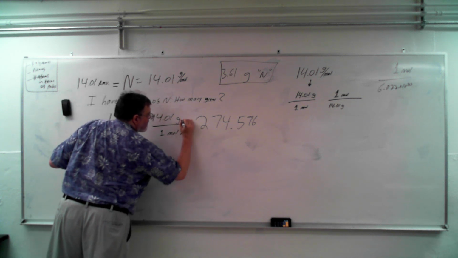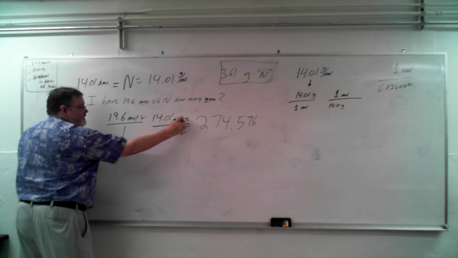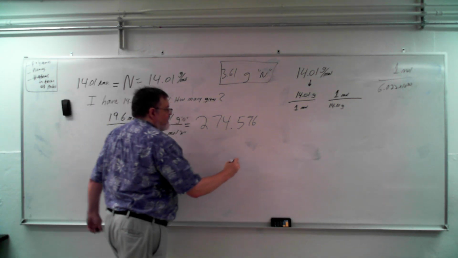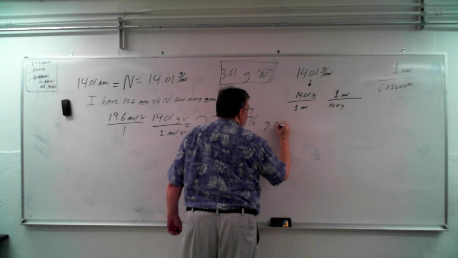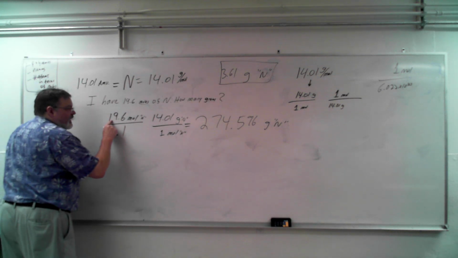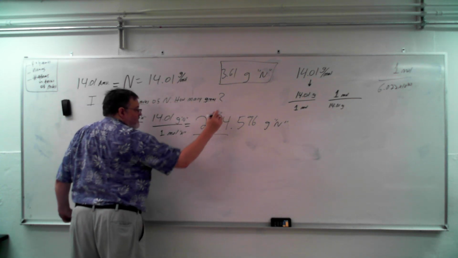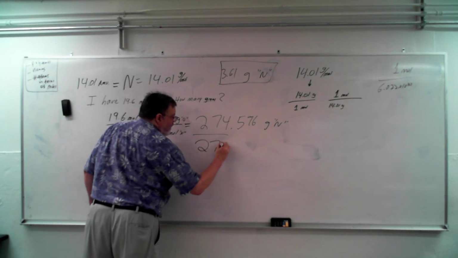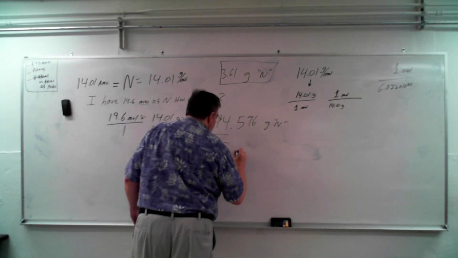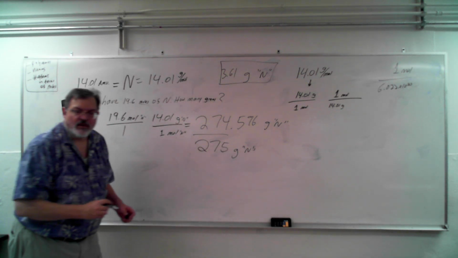Just to be complete, this is grams as well. So grams of nitrogen is what survives. I haven't done significant figures yet. 3 here, 4 here. Okay, this has to be 3, the 5 rounds to 4. This one is 275 grams nitrogen.